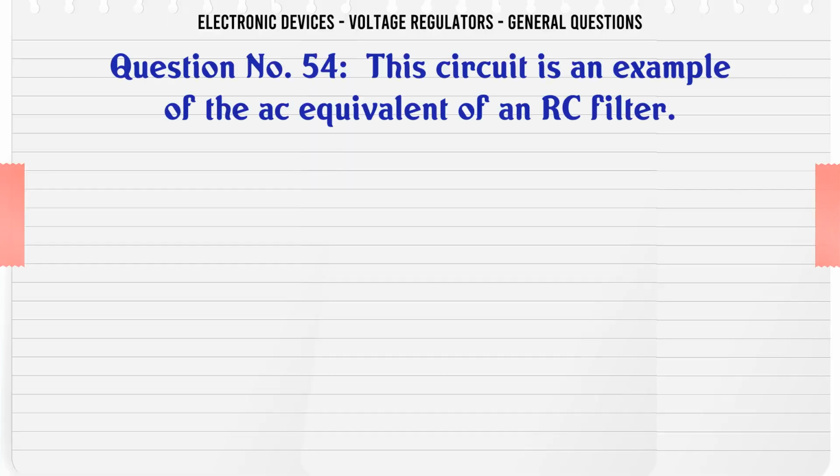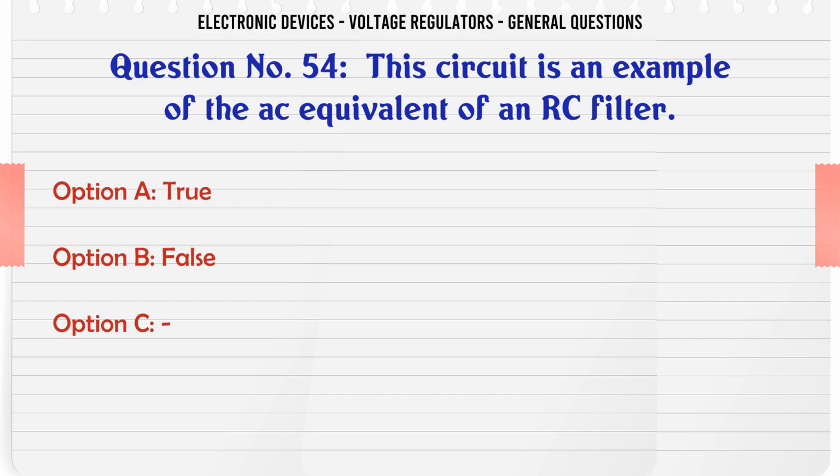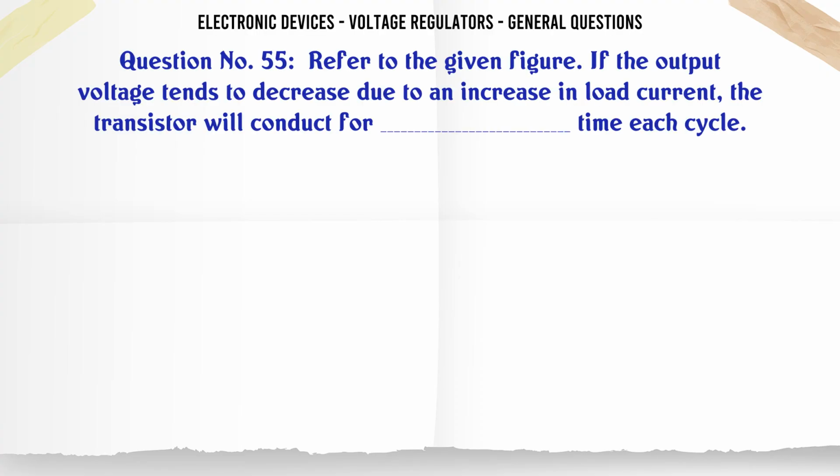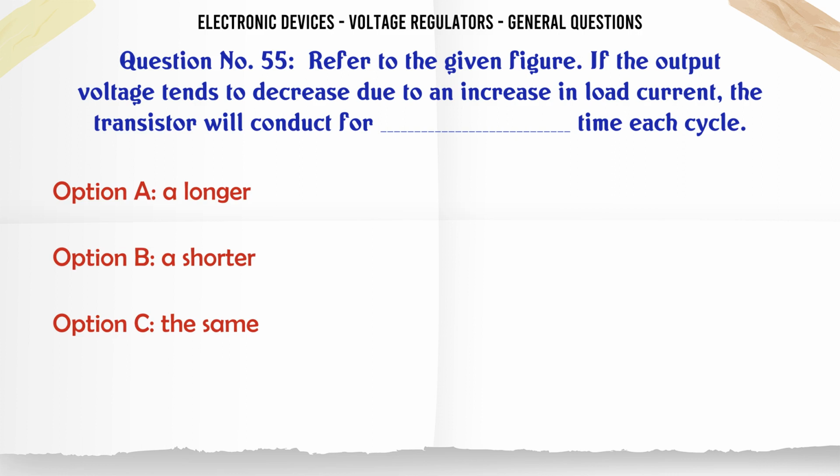This circuit is an example of the AC equivalent of an RC filter. A. True, B. False, C. D. The correct answer is false. Refer to the given figure. If the output voltage tends to decrease due to an increase in load current, the transistor will conduct for time each cycle.